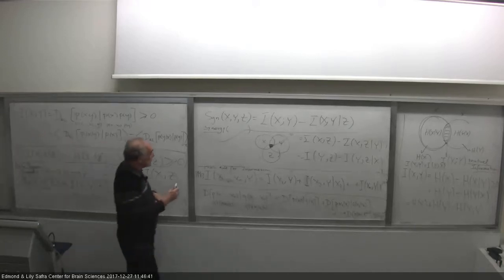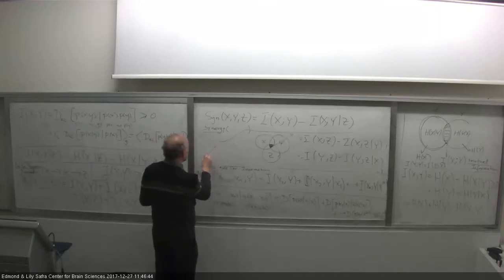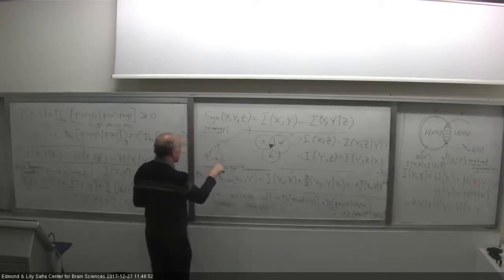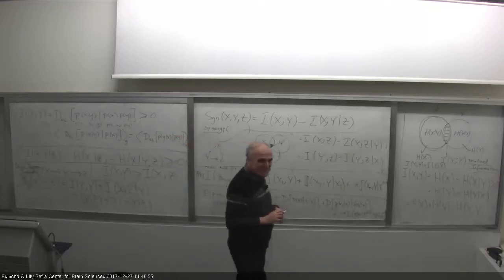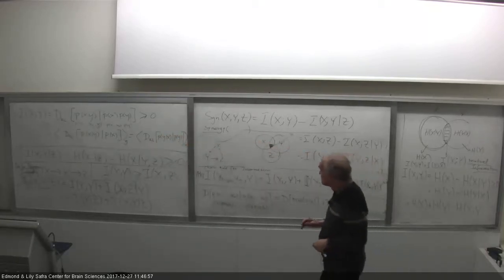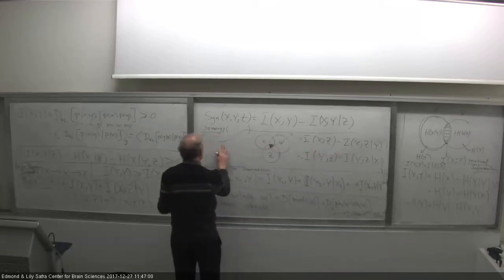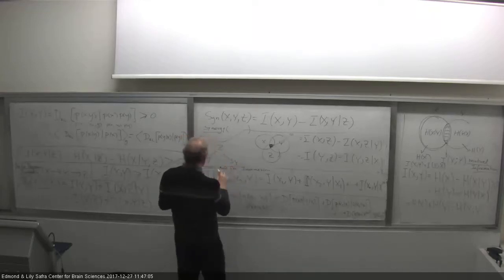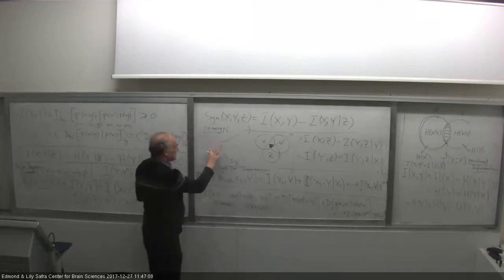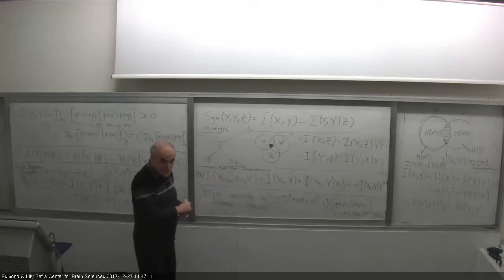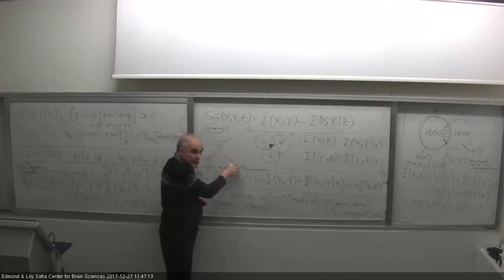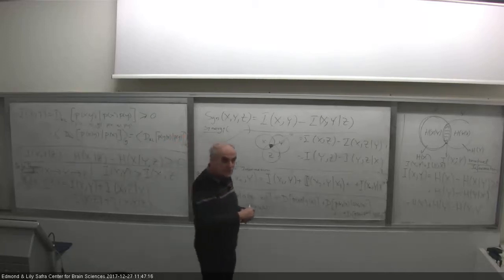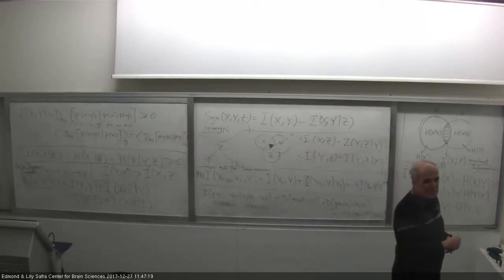But if I have 3 variables, x, y, z, which are connected in some sort of a circular way, say if z is related to both x and y, we know that knowing z is going to make the information between x and y 0. But knowing x can increase or decrease the information between z and y. We don't really know.